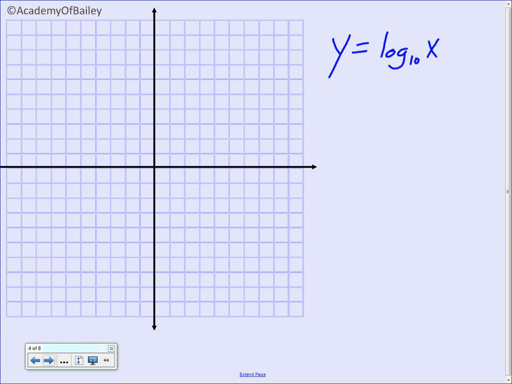Okie dokie, so looking here, if you have y equals log base 10 of x, a lot of times you will see this written as log of x. When you don't see the base written in there, you know that's going to be a base 10. That's the only base that we do that with. We know that it's going to be base 10 when it's invisible.